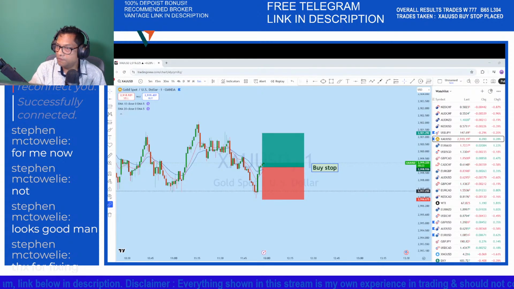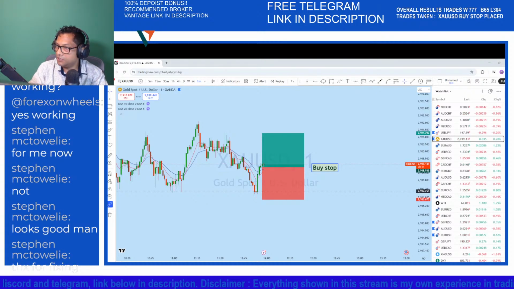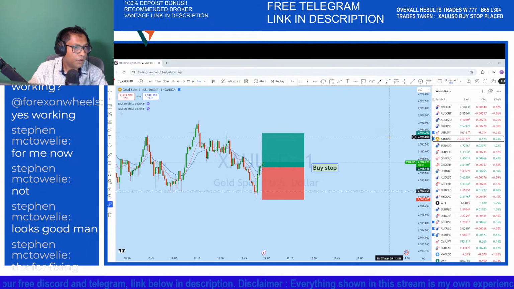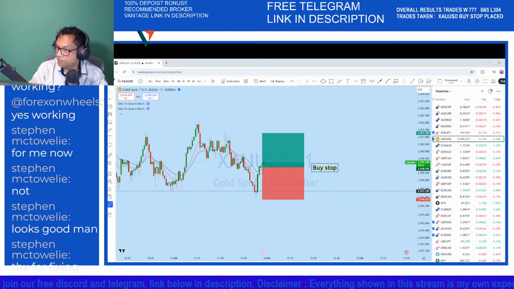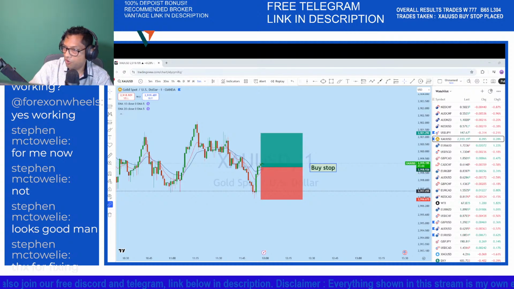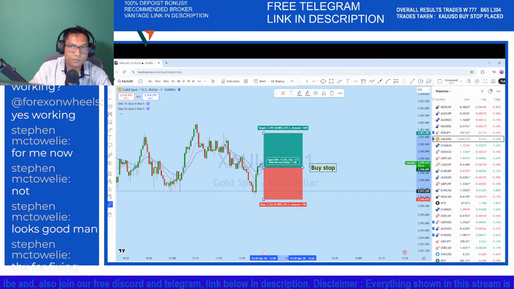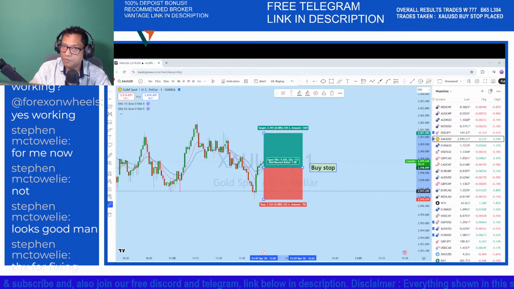Okay, we can see that bounce and potential bounce here, expecting it to move back up. Okay, so we can see some short-term upside running in a little profit here, and you can see some profit running.